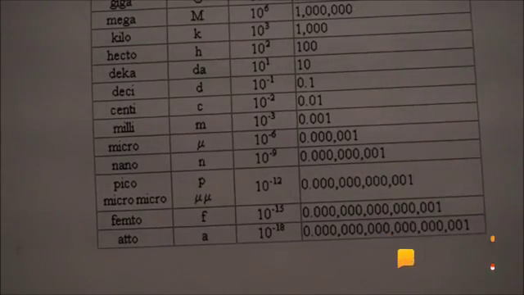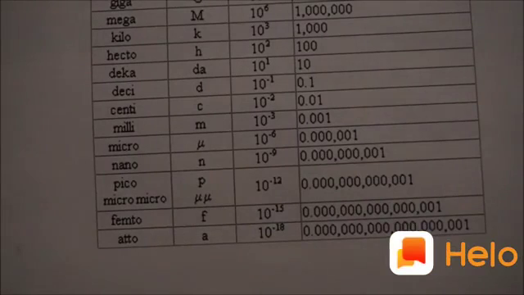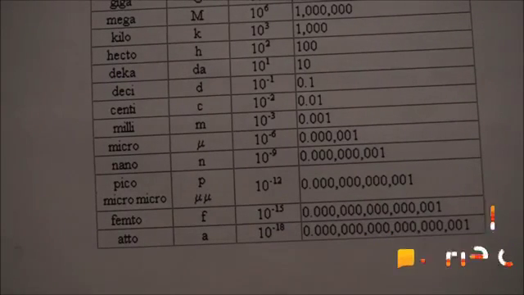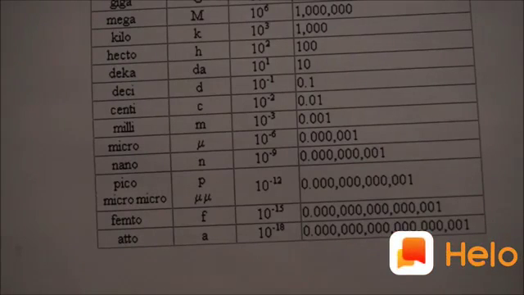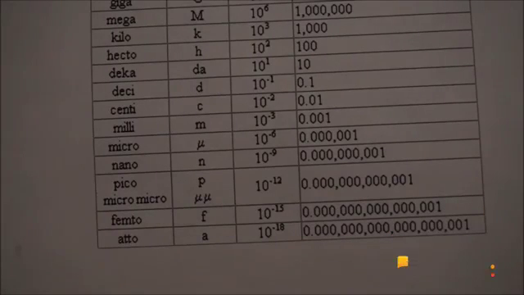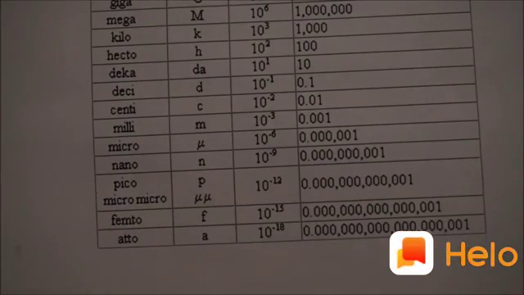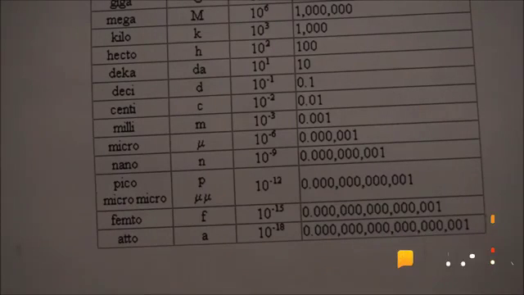One of the first things that we have to look at and familiarize ourselves with is how we come up with the different prefixes for the values that we're talking about, whether we're talking about henries or ohms or farads or amps or whatever. Basically, in the metric system, everything is based off of 10.